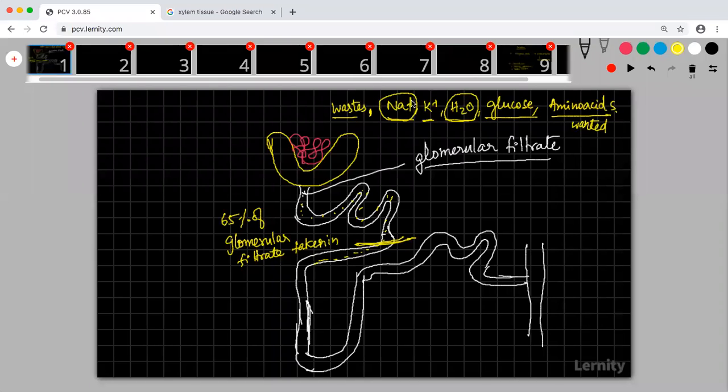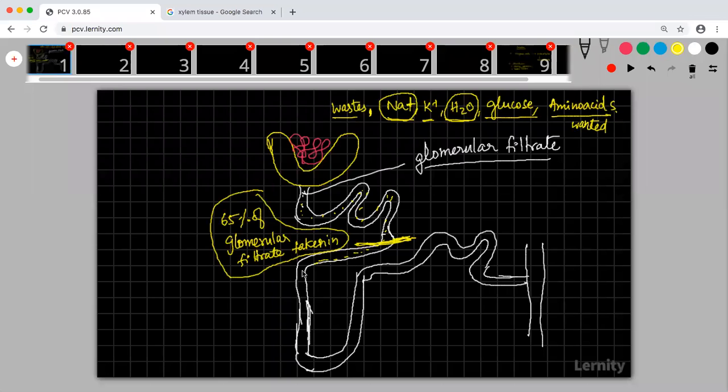Nothing else is going to be there, but it will be there in high quantities. Till this particular point, all the other things are absorbed here.